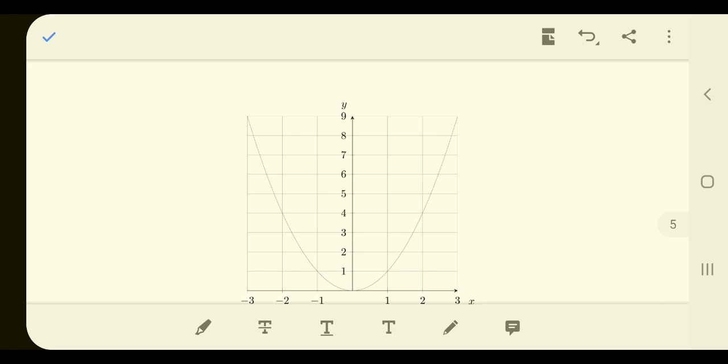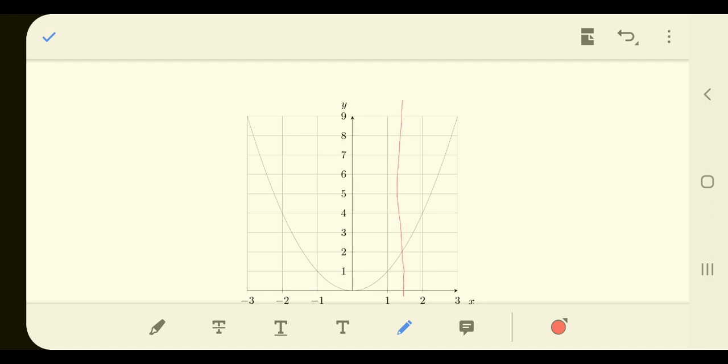Which means that if you take a vertical line, it should cut the graph exactly once in the whole domain. You can see that any vertical line cuts exactly at one place and not at two, and hence it is a function.